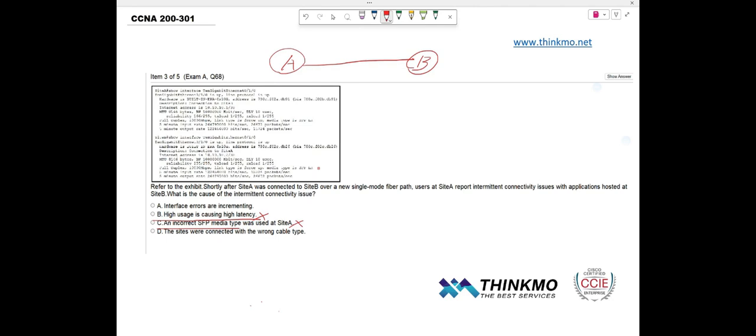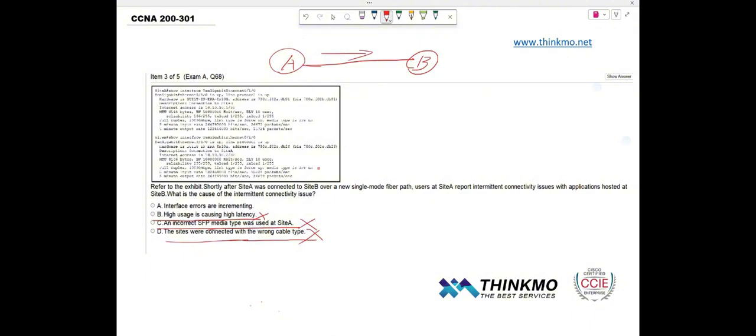Option D says that the wrong type of cable connection was used between sites. Because I have already sent the data, he couldn't have chosen the wrong transmission medium. It's impossible to choose the wrong one because the data has already been sent.